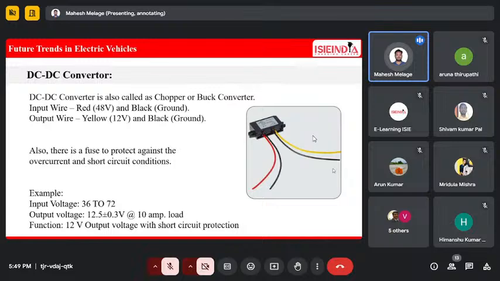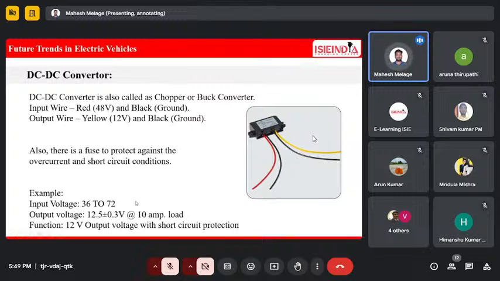As you can see in the picture, basically 3 wires are used with 3 color codes: red, black, and yellow. Red indicates the high voltage, 48 to 72 volts, yellow indicates the low voltage, and black is the return path, connected as ground. Sometimes in the converter we use a fuse for protection.